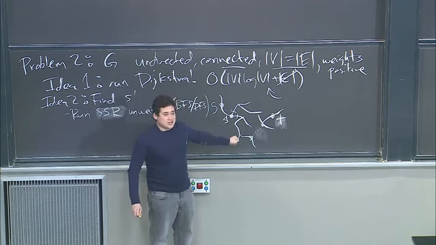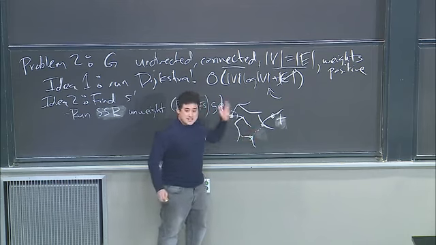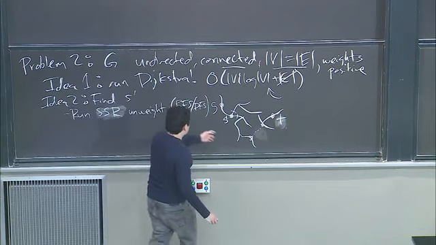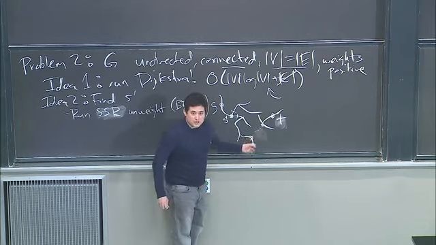Then some edge is not in my tree of the graph. That will exist on the cycle, kind of by definition, right? It's connecting two parts of my tree.